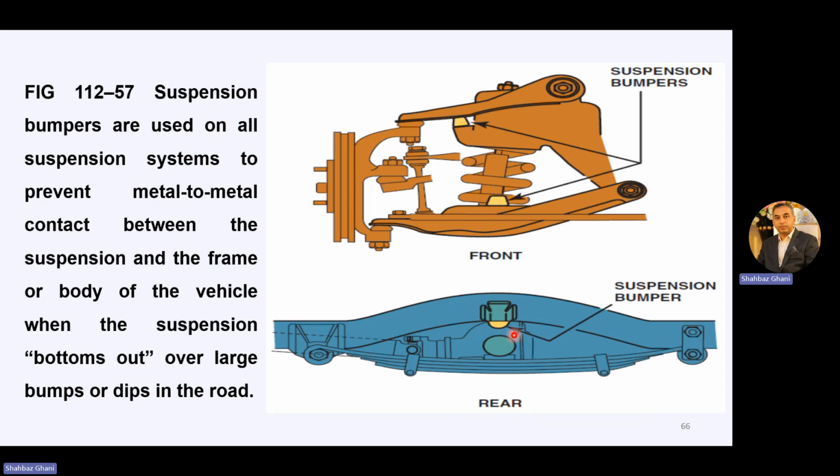So basically, after the mechanical limit is crossed, these rubber bumpers or suspension bumpers stop the metal to metal contact of the suspension system with the frame or platform of the body.